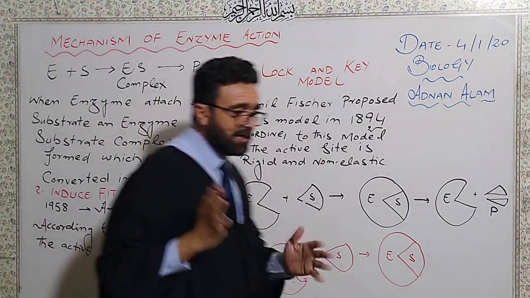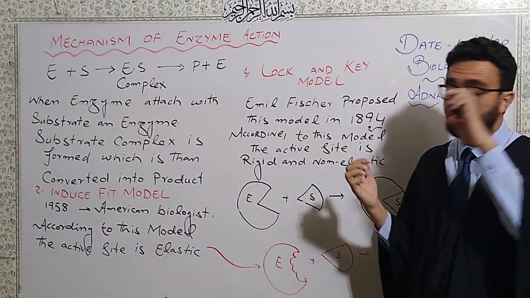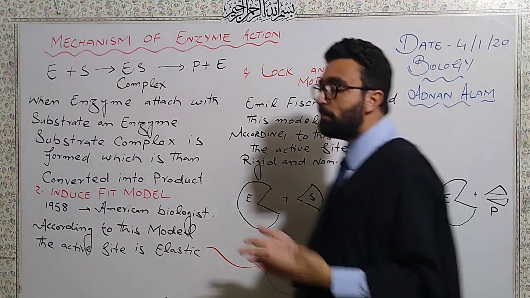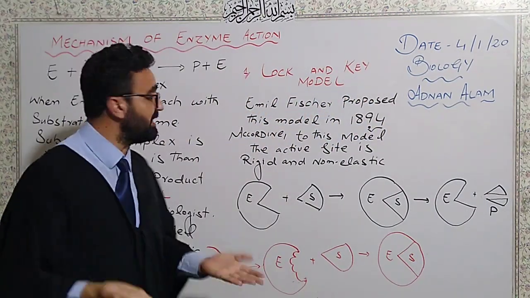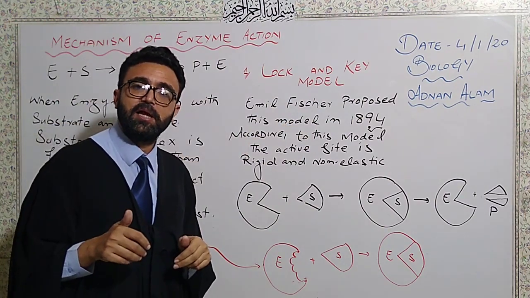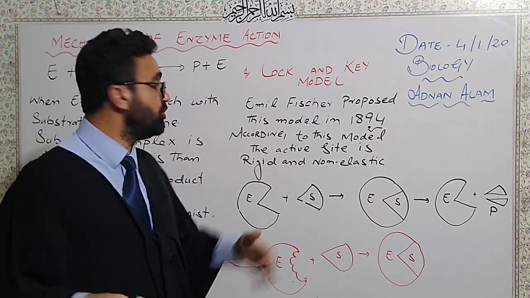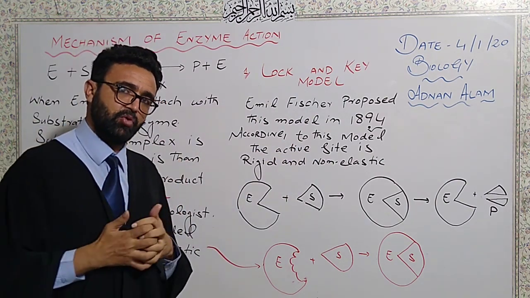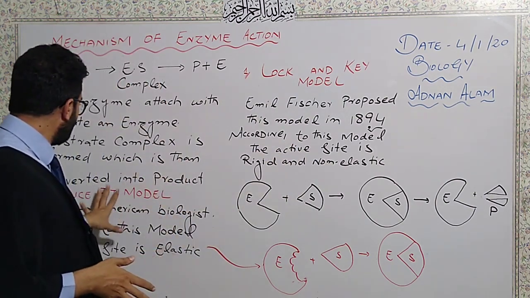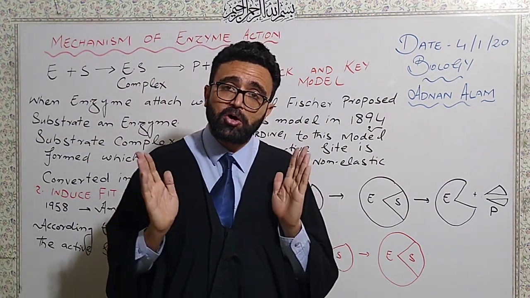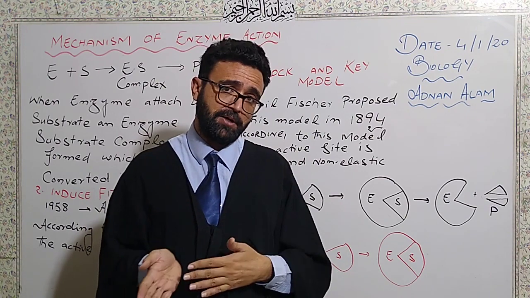So the final question is, which one is the best? I will say both are the best. For some enzymes, the lock and key model is best, like the urokinase enzyme. On urokinase, this model is applied in a very good manner. And for some enzymes, the induced fit model applies, so both of the models are applicable and applied.